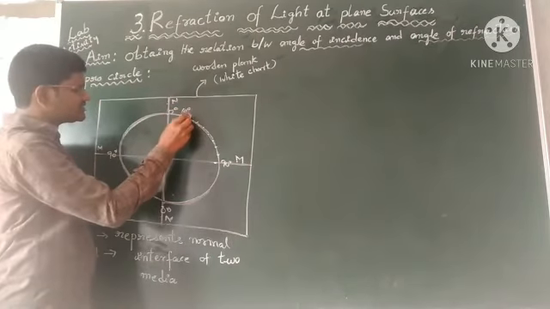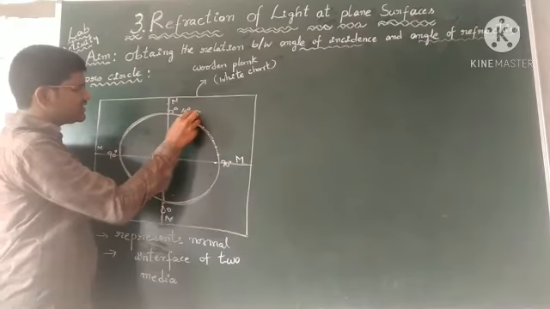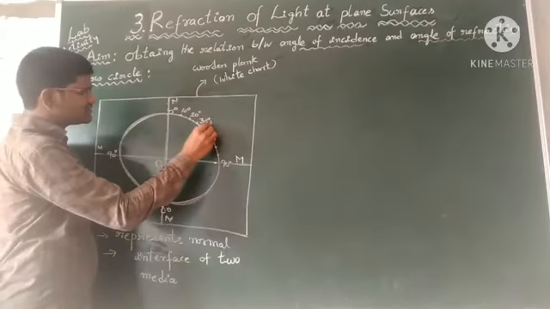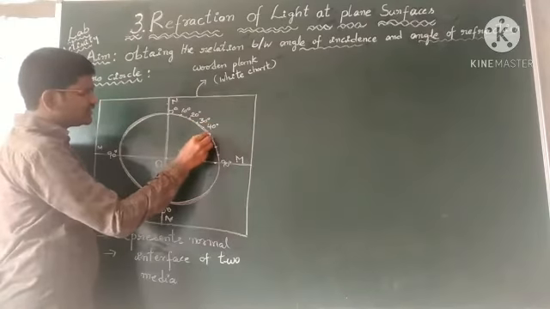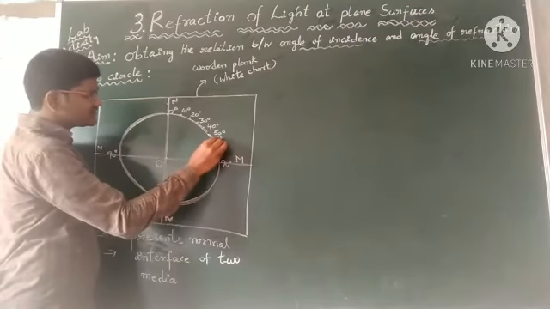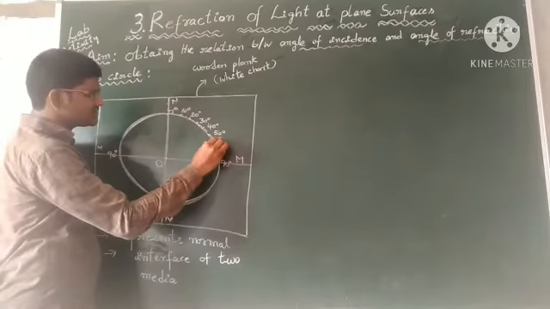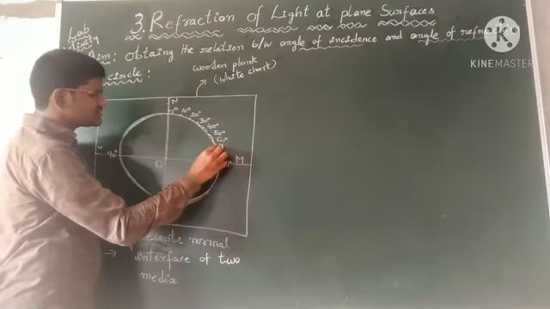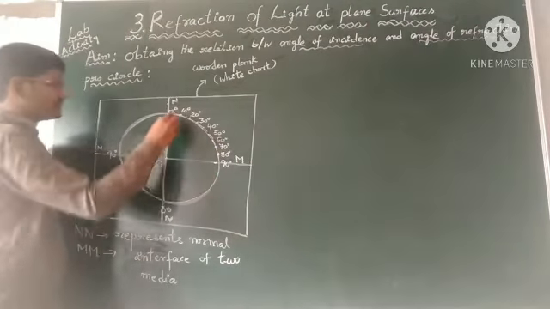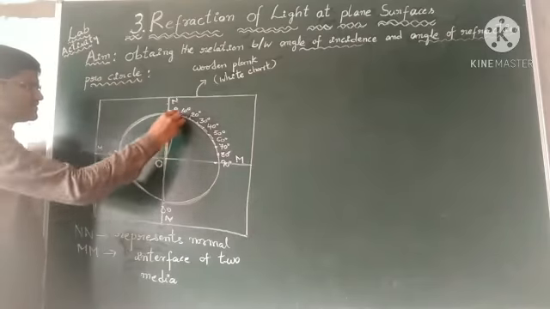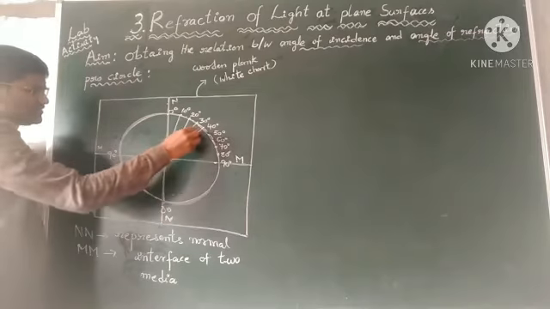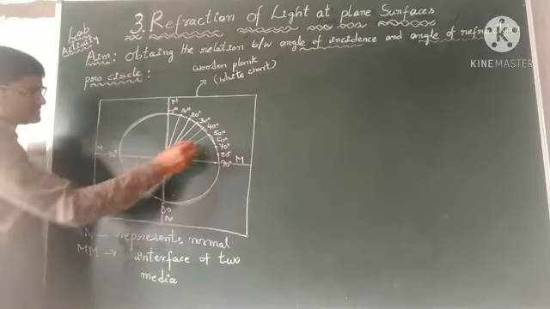So this is 10 degrees, 20 degrees, 30 degrees, 40 degrees, 50 degrees, 60 degrees, 70 degrees, 80 degrees. So like this we will mark the angles.